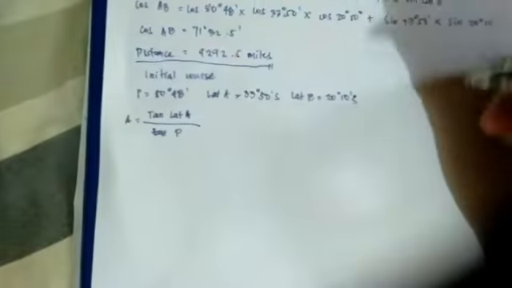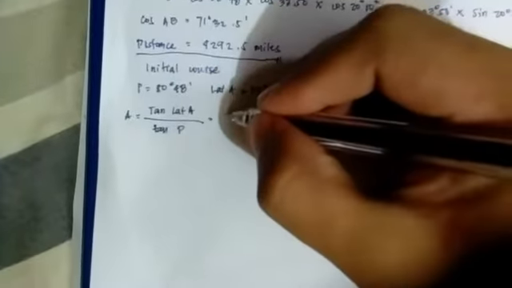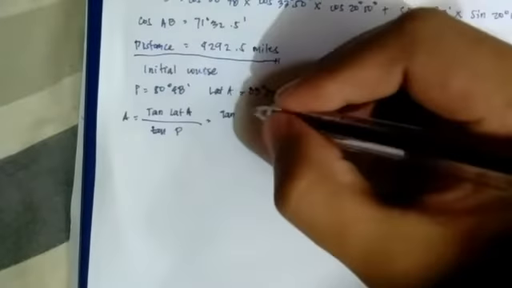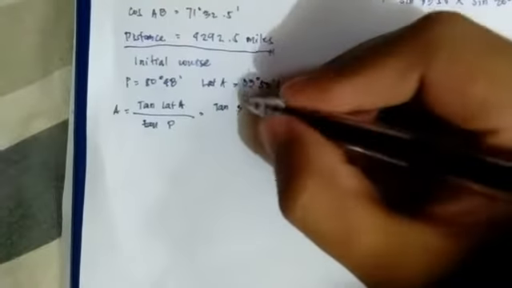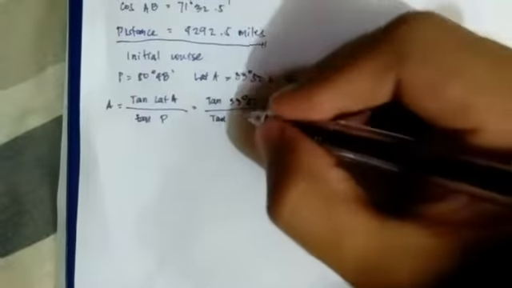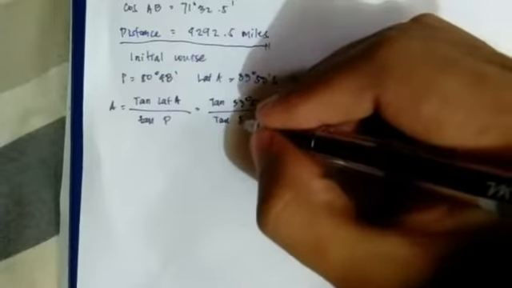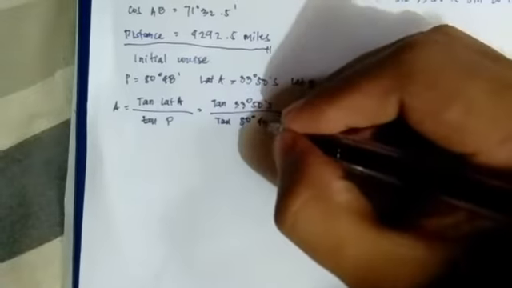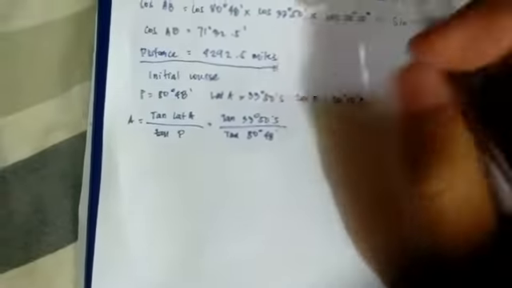So we will use the formula tangent latitude A over tangent P, or the d long. So we need to write it: tan latitude A, which is 33 degrees and 50 minutes south, over tan d long or P, which is 80 degrees and 48 minutes.